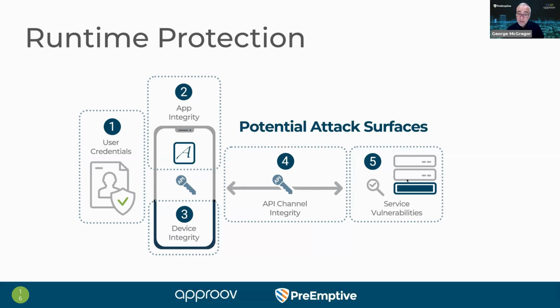And then finally, the API itself, we mentioned that earlier on. You've got to be thinking about what could be accessing this. It's not enough to depend on user credentials. You have to be able to understand basically if it's a genuine app and it's in an untampered environment. And you need to do that check all the time. You need to be doing it continuously and in real time.